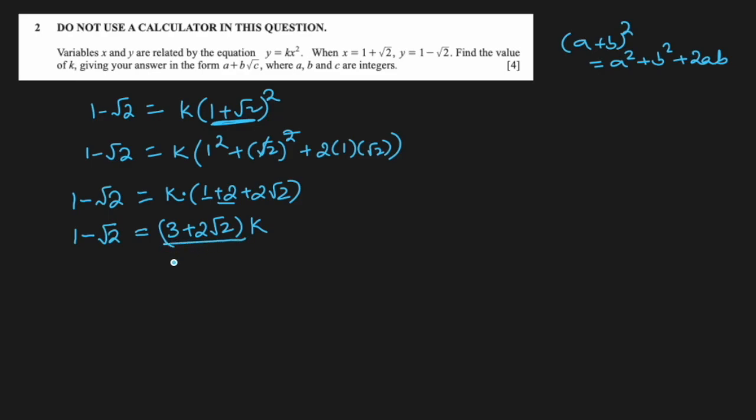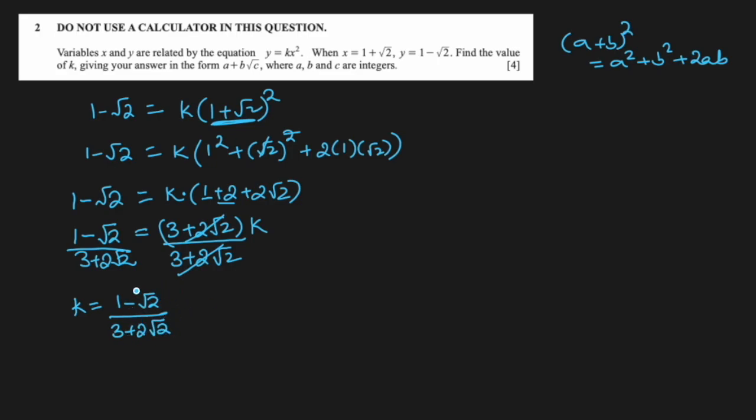So to get rid of this, we'll have to divide here by 3 plus 2 square root 2, and here also 3 plus 2 square root 2. They cancel, so k is 1 minus square root 2 over 3 plus 2 square root 2.